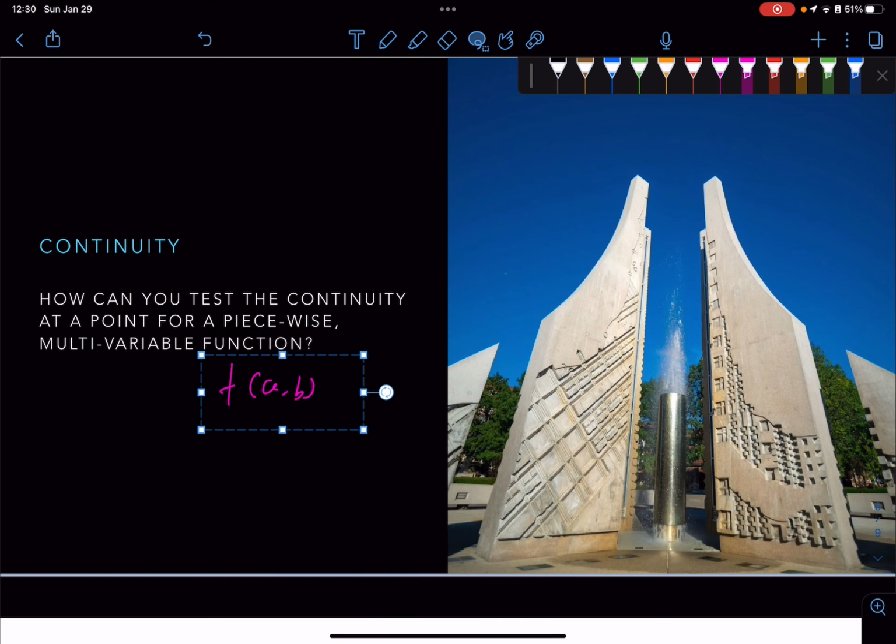So I'm going to say the value at (a, b), and the limit of f(x, y) as we approach the point (a, b). If these two values match, then the continuity exists. If these two values do not match, then this function is not continuous at the point (a, b).